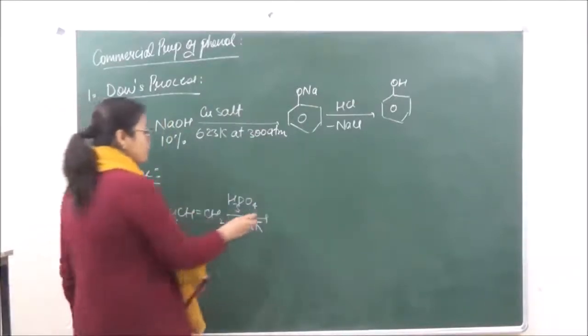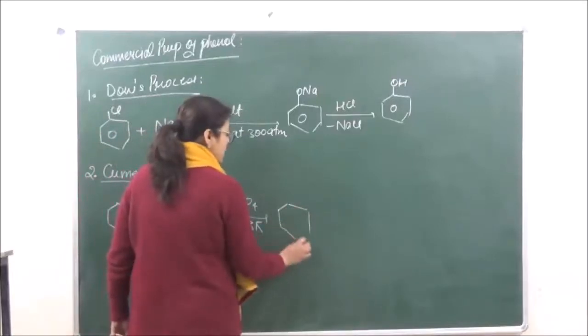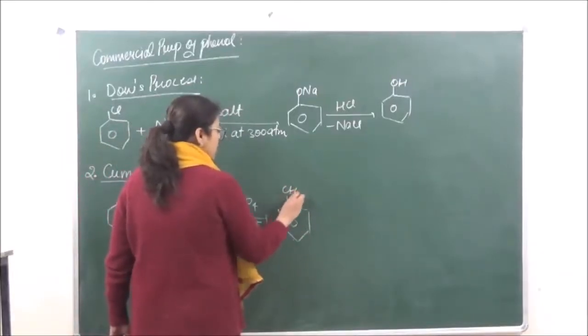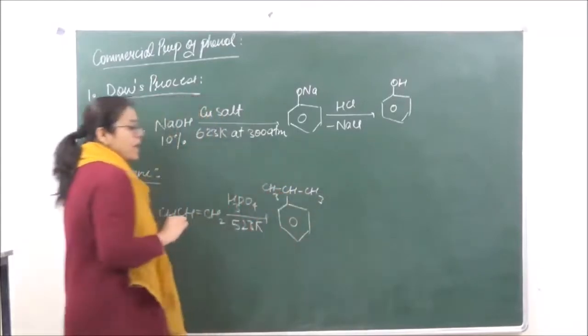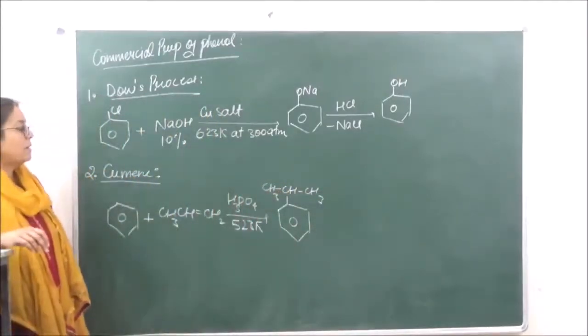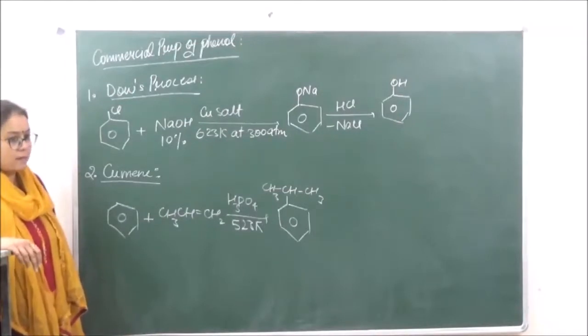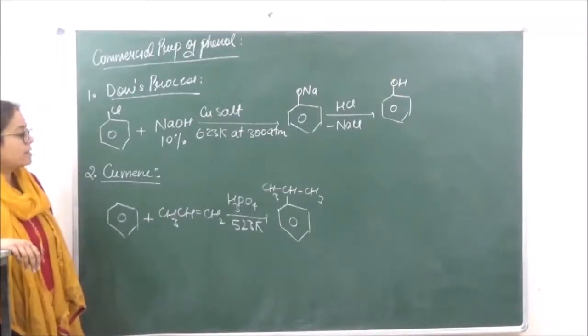Okay? We are going to get cumene. Cumene is isopropyl benzene, and the IUPAC name of this is 2-phenyl propane.